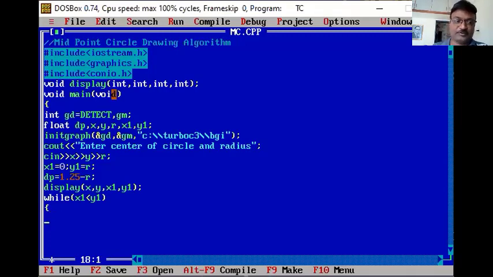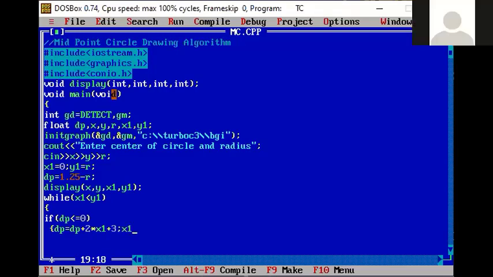Now, if the first decision parameter is less than or equal to 0, in the algorithm you consider less than 0, but here in programming you may consider less than or equal to 0. Now, dp is equal to dp, that is the decision parameter, plus 2 star x1 plus 3, then x1 plus plus, go to the x1 direction.